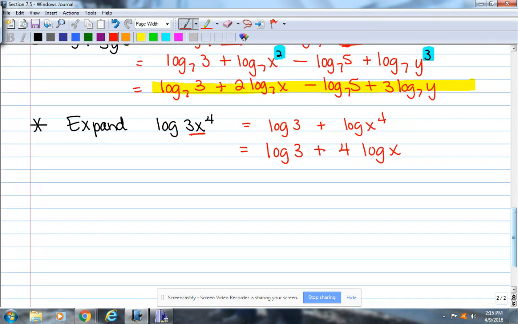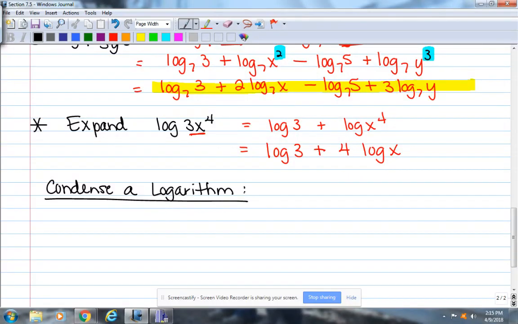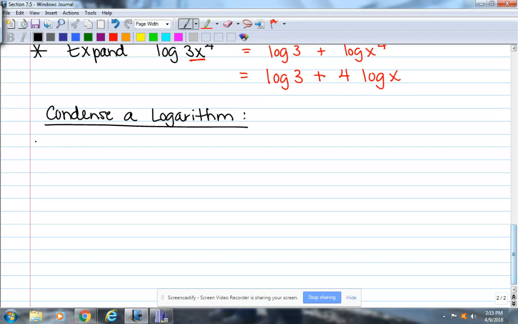The opposite of expanding means make bigger, so condensing means make it smaller. First we expanded, now we're going to condense a logarithm. This is number 9.